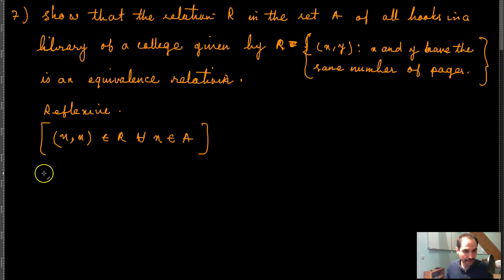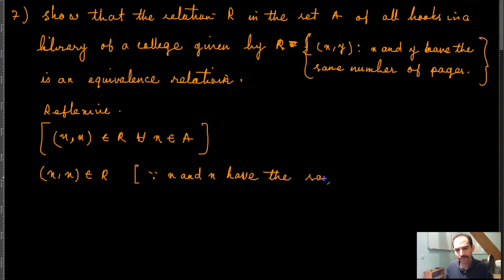Therefore, (x, x) belongs to R, as x and x have the same number of pages.